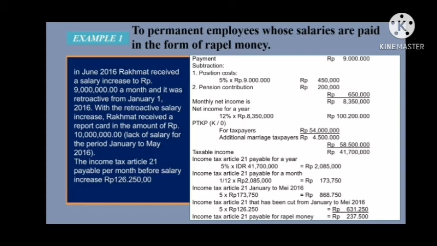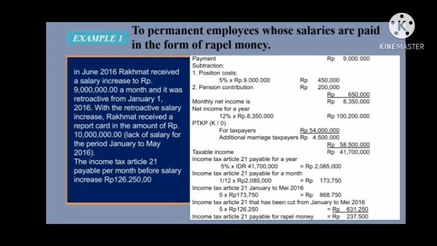The income tax article 21 payable per month before salary increase is 126,250. First of all, to get the monthly net income, we need to minus the monthly income with position cost and pension contribution.